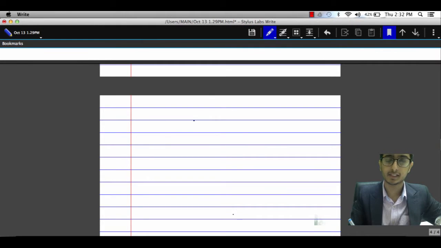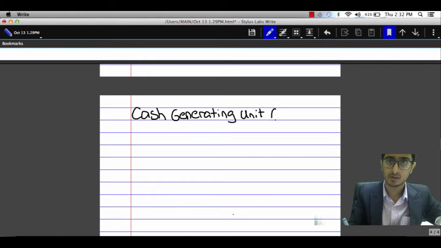Okay. IAS 36, we learned something called cash generating units. Now let me first explain why this came up. You see, sometimes the recoverable amount of an individual asset cannot be measured. Now, when a scenario like that pops up, we use something called a cash generating unit to identify the recoverable amount.